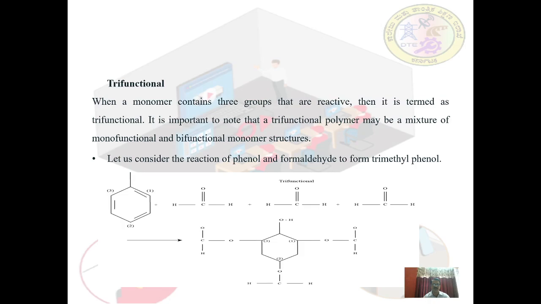Phenol plus formaldehyde. Phenol is having three active groups. You can add another monomer at positions 1, 2 and 3. So it is a trifunctional monomer, and formaldehyde is a bifunctional monomer. This produces a product called phenol formaldehyde, which is known as trimethyl phenol.